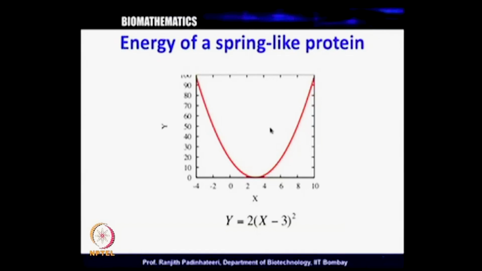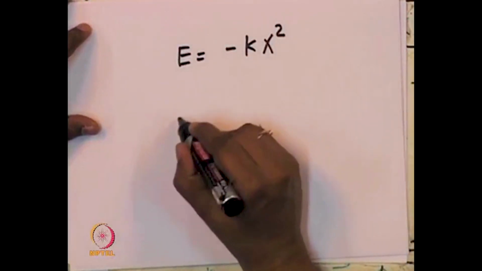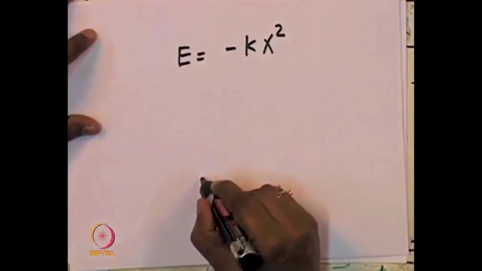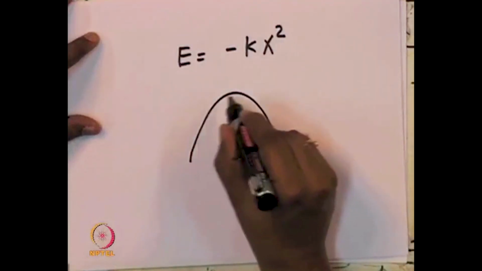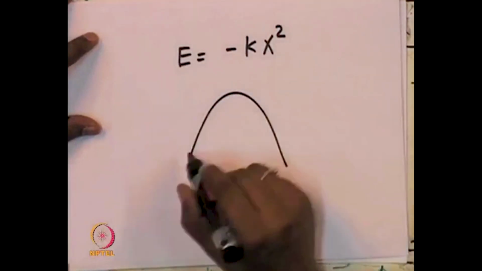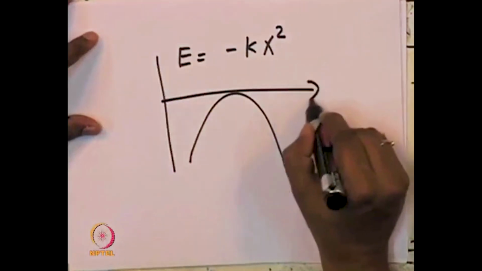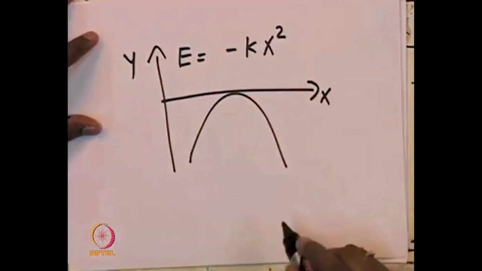If you plot this function, it looks like an inverted kx square, with the x axis and y axis like this.